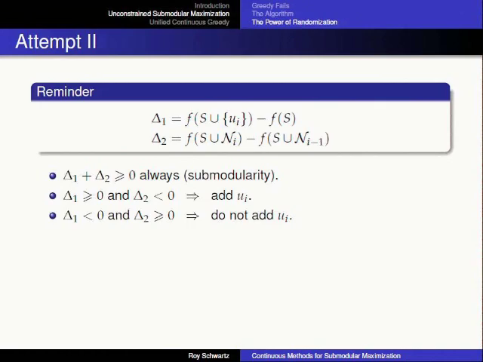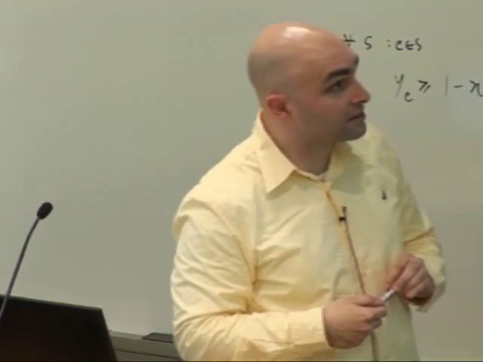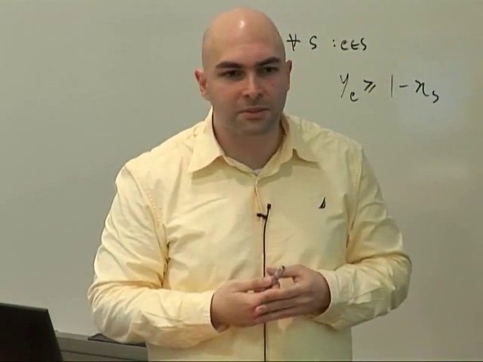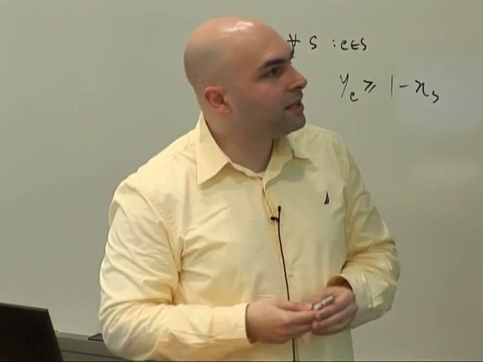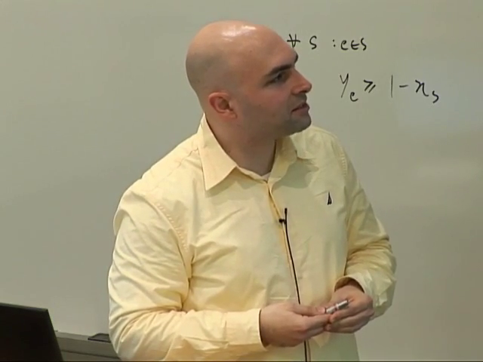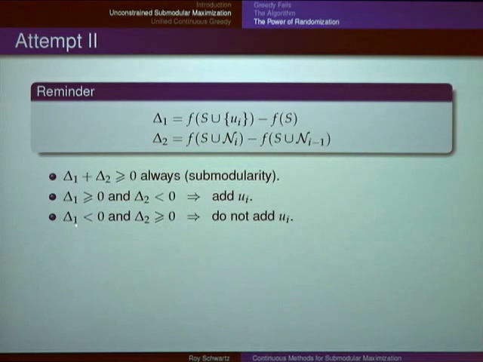First of all, you can prove that the sum of these two is always non-negative, and you just need some submodularity for this. So it means that in at least one of the steps you will not lose. If, let's say, the first option is beneficial and the second one is not, then it is obvious, at least intuitively, that we want to choose the element. And in the other case, where we lose by adding the element and gain by dropping it, of course dropping it is equivalent to not adding it.